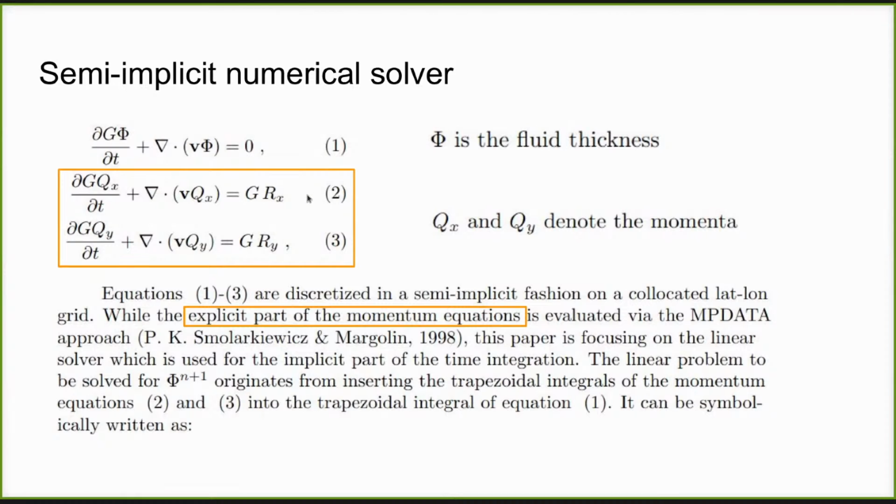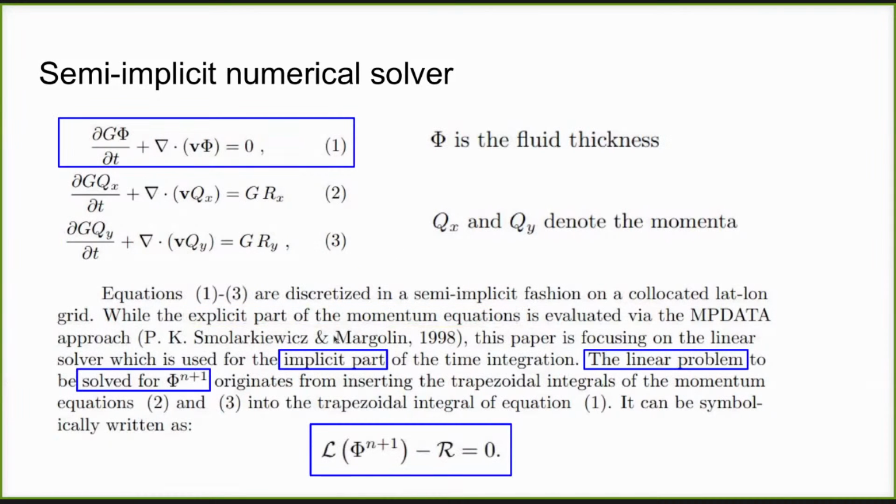This is going to be purely forward computed from the current states at time n of the field phi, the fluid thickness, and the momenta and the other terms from the old time level.